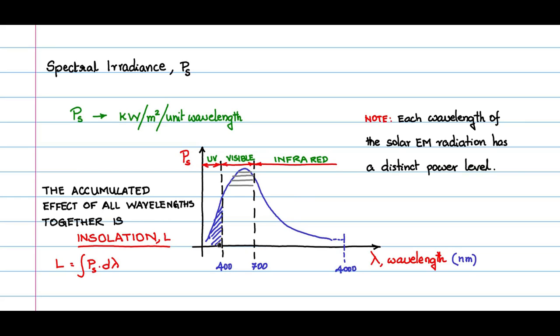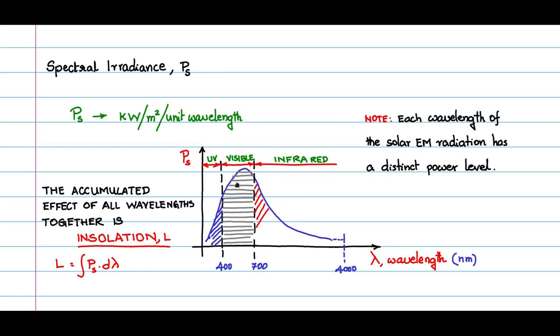The area under this portion of the spectrum, all the wavelengths corresponding to this portion, would give an accumulated effect, and that is called the visible insolation.